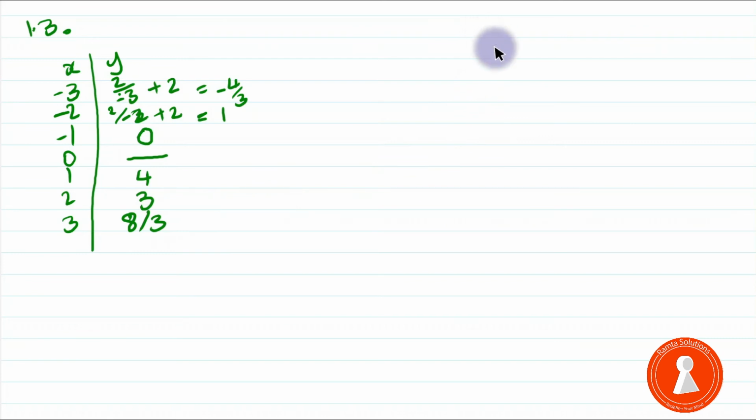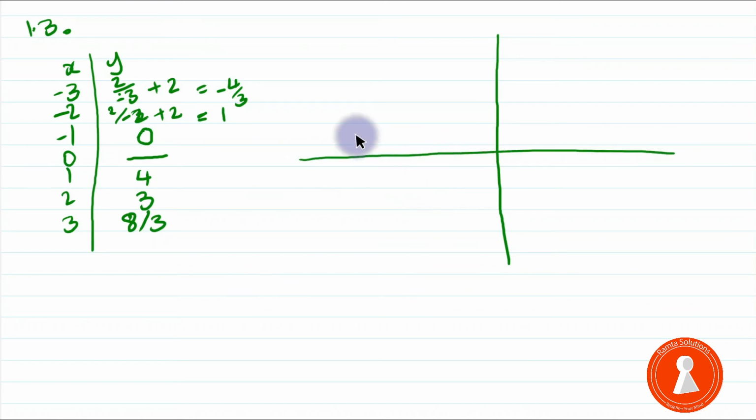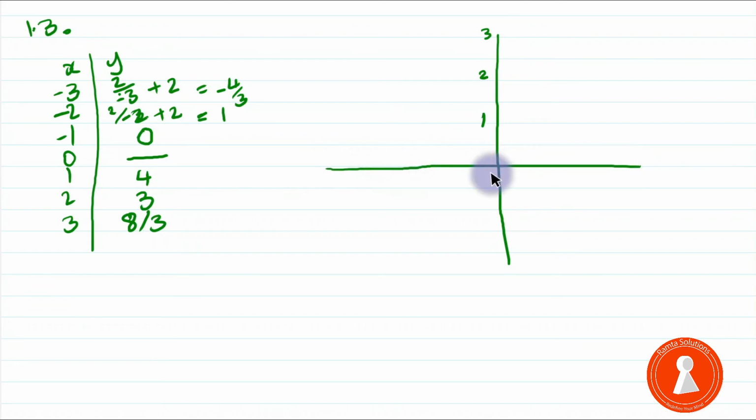So now our graph would look something like this. First thing, the graph has shifted up by 2 units. So let me make this one 1 and this one 2, so it has shifted up by 2 units. The space is too big, so let me label these 1, 2, 3 and this my 0, then 1, 2, 3 and 1, 2, 3.